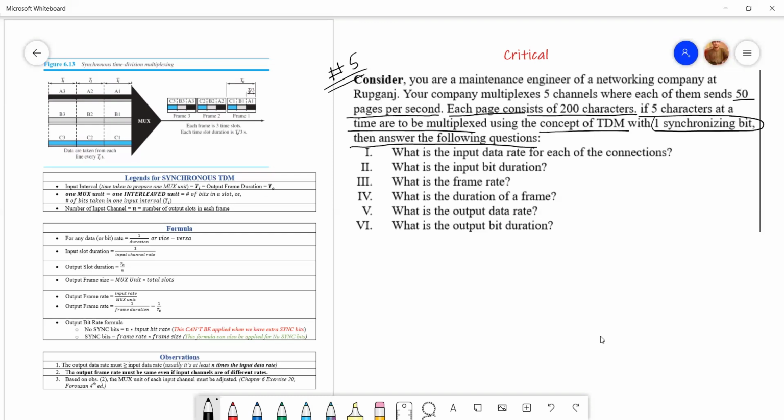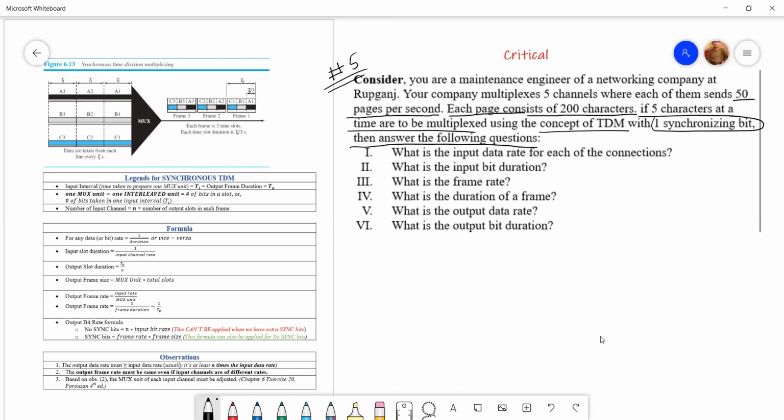Now you are sending pages, and each of the pages now contains characters. Even if we don't have any direct hint or direct equation or direct data, we have to find it using the characters and the page number. We know that each of the characters has 8 bits, and then we can find what my input frame rate is.